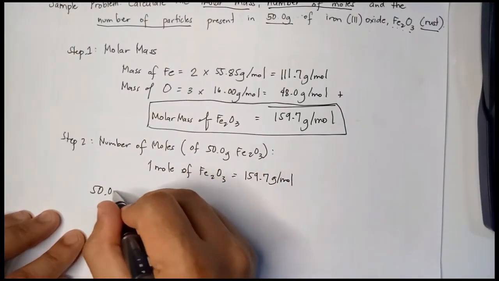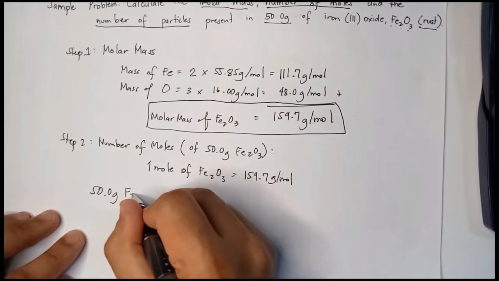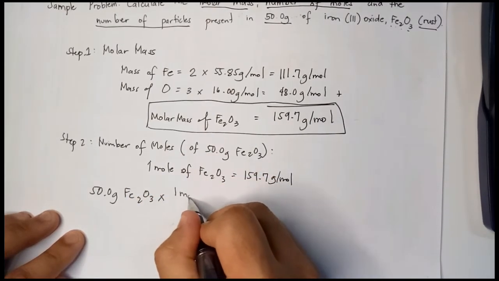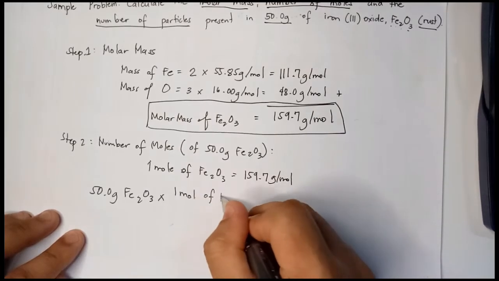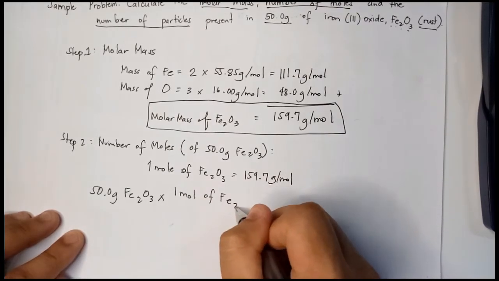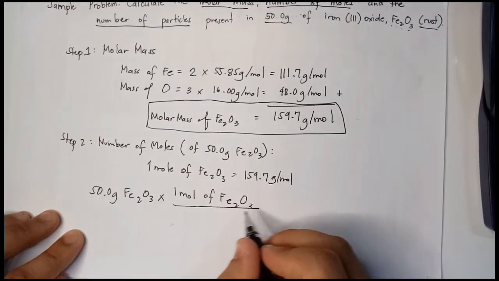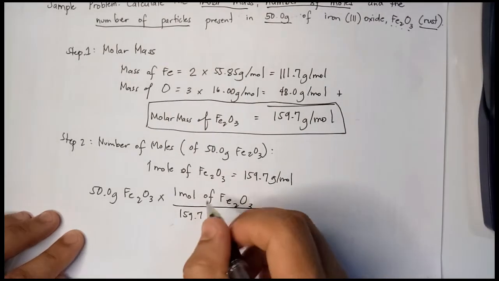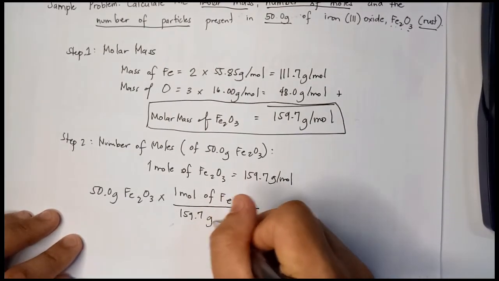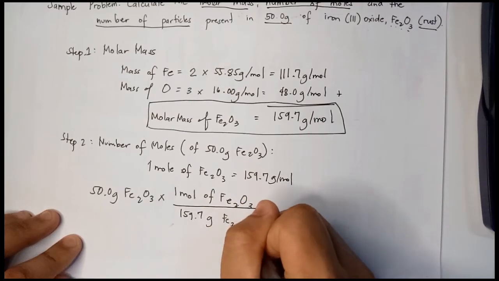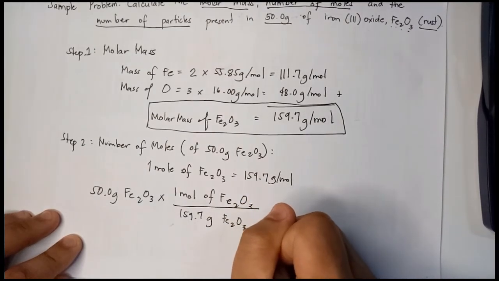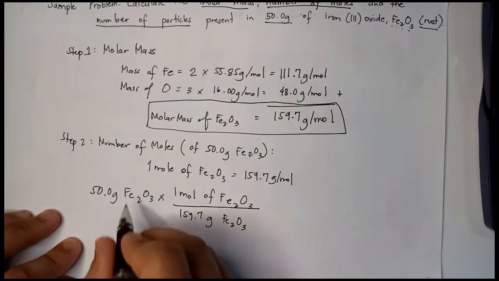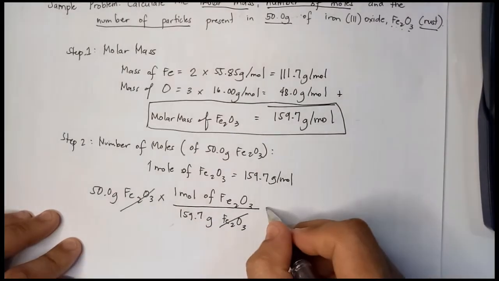So, we have 50 gram of iron oxide times 1 mole of iron oxide divided by 159.7 gram of iron oxide. Now, let us cancel.